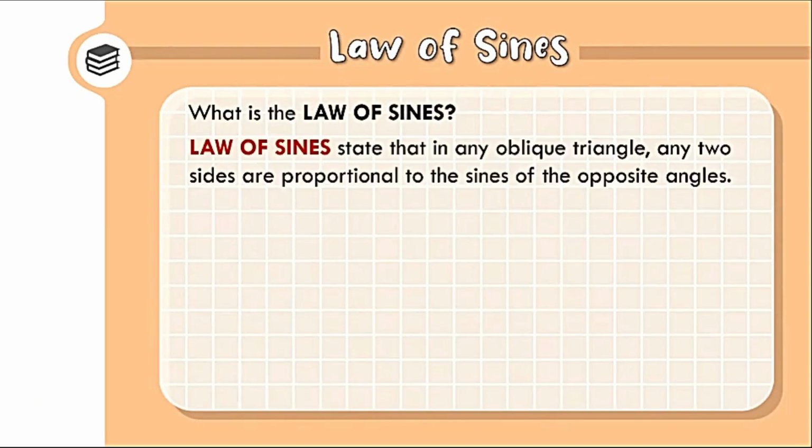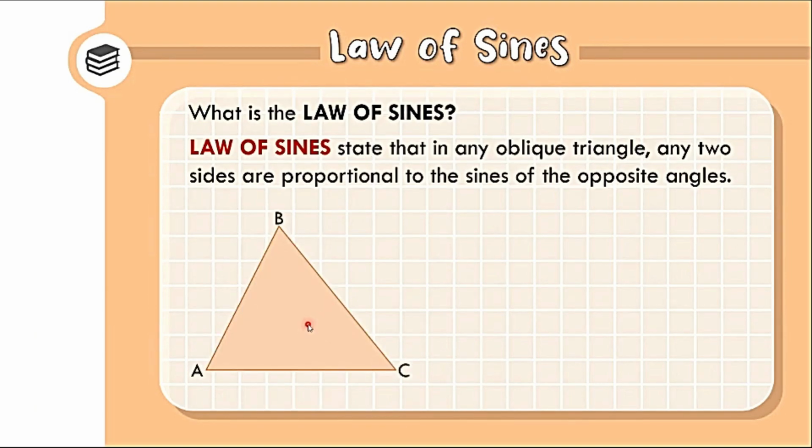Remember that the law of sines states that in any oblique triangle, any two sides are proportional to the sines of the opposite angles. So let us consider triangle ABC here. Always bear in mind that in any triangle, we must know how to name the given sides, since in the law of sines, we will use the proportion of the sides to the sines of the opposite angles.